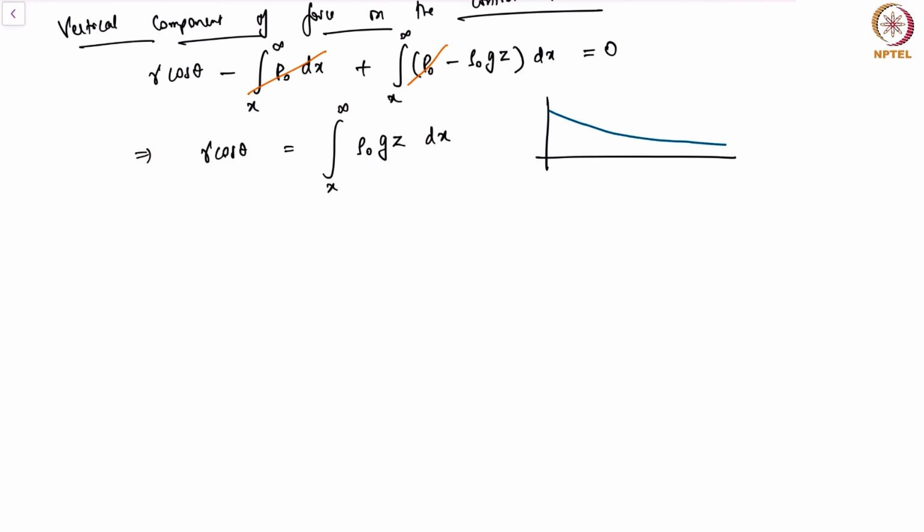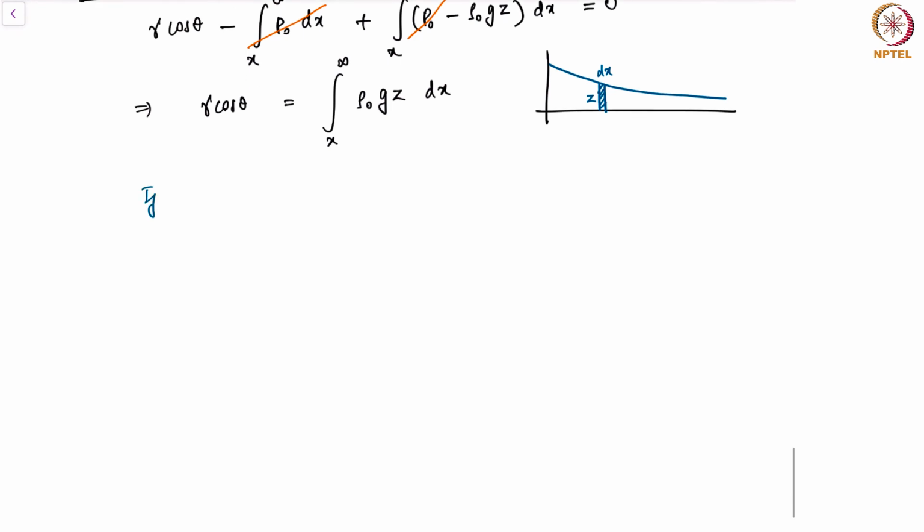If I take a small strip along this meniscus of width dx and height z, and integrate from 0 to infinity, then I have the entire weight of the fluid that has risen. So we can simply write this expression as gamma cos theta e, where I am taking the integration not from x to infinity but from 0 to infinity.